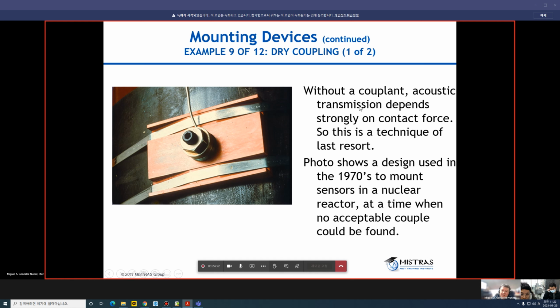However, the acoustic transmission depends strongly on the contact force. This was a technique used in the 70s to mount the sensors in a nuclear reactor, at a time when no acceptable coupling could be found because of the operating conditions there.